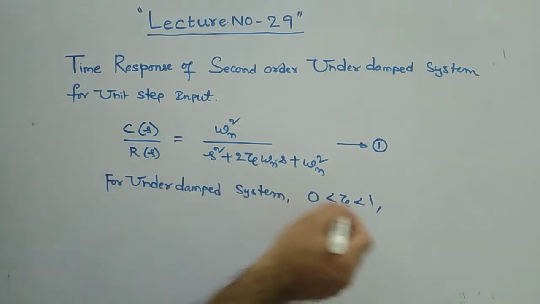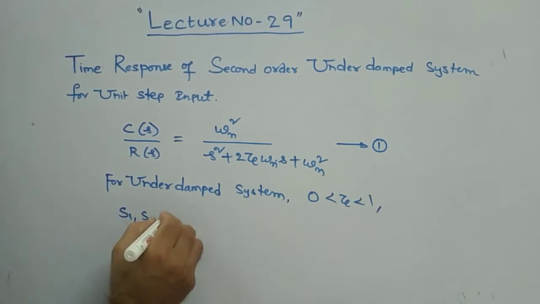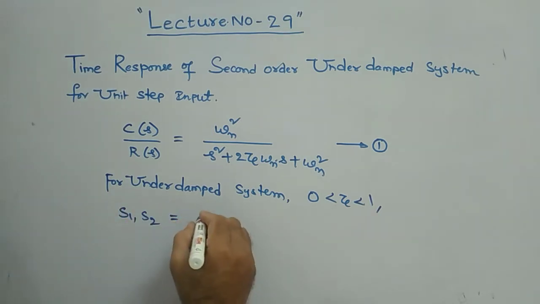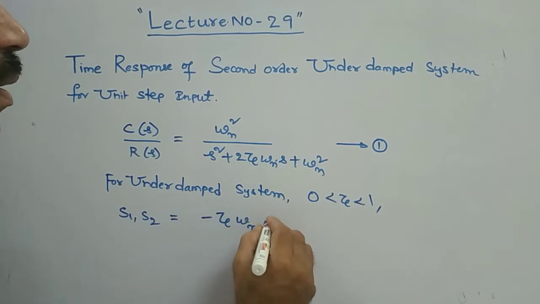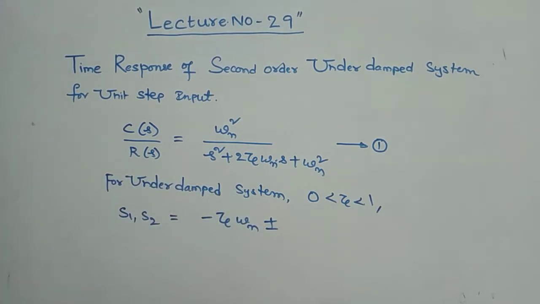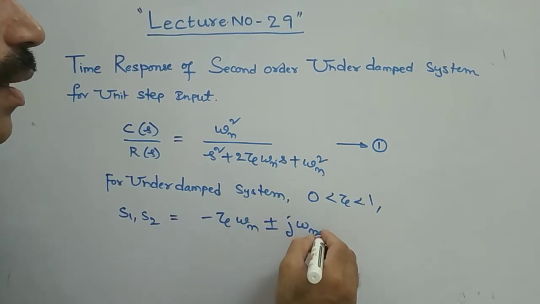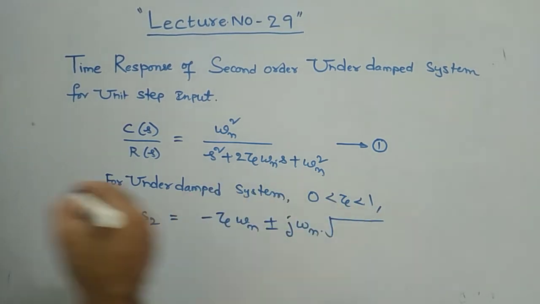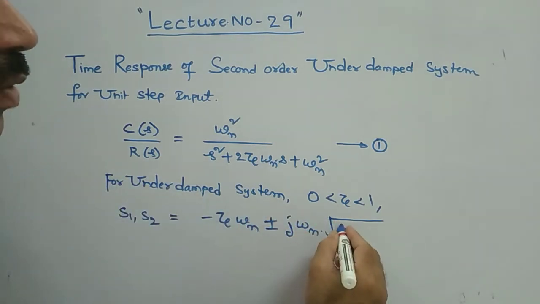So for this condition, S1, S2 is equal to, as we saw in our last class, minus zeta omega n plus or minus j times omega n into square root of 1 minus zeta square.